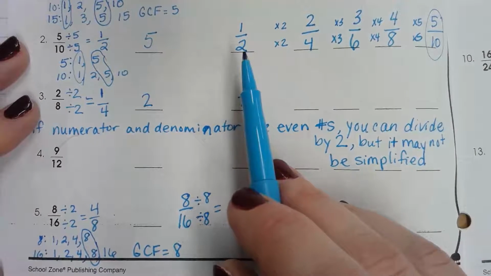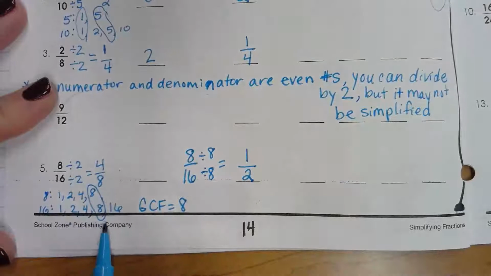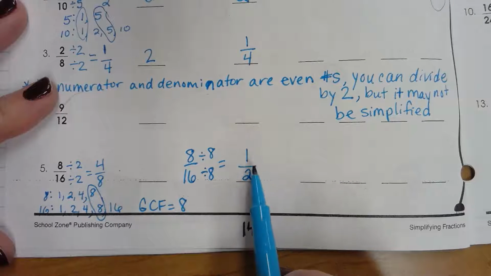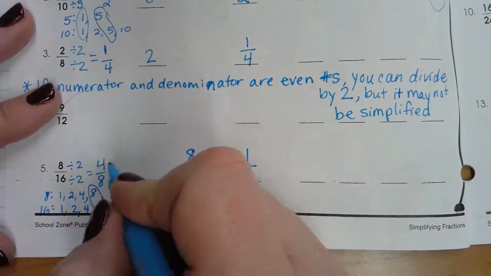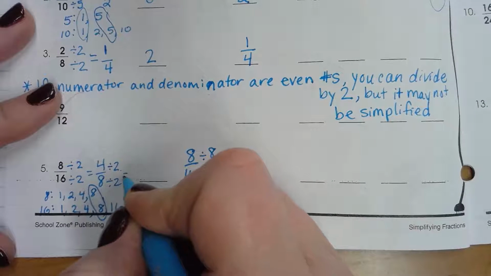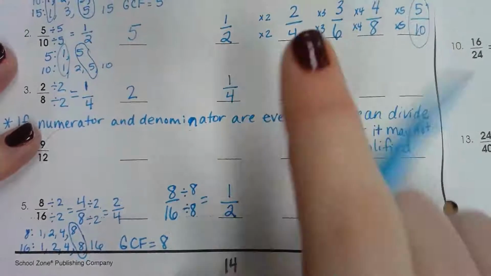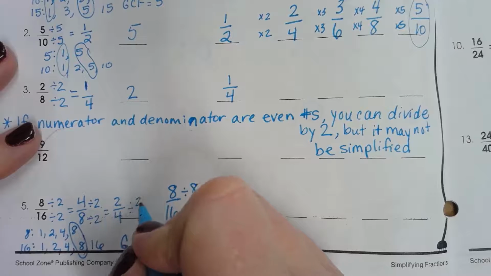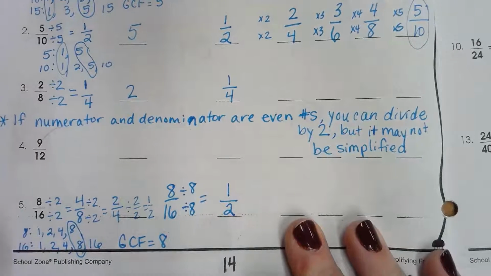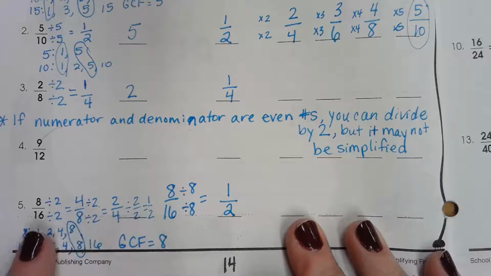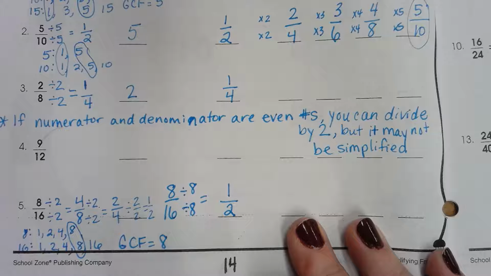But the simplest form of it is 1/2. So if we divide by our greatest common factor, we're going to get simplest form right away. Here with the 4/8, I could divide by 2 again, but then I only get 2/4, which was up here as well. I would divide by 2 again, and then I get 1/2. But notice all the steps I needed to divide 3 different times, right, to get that.